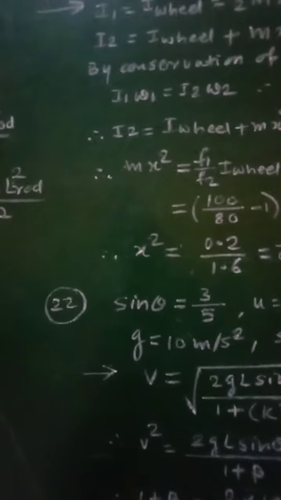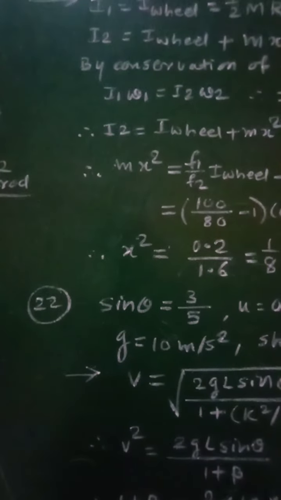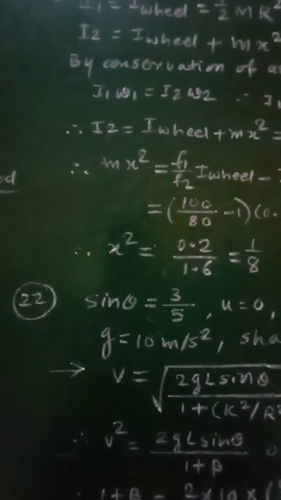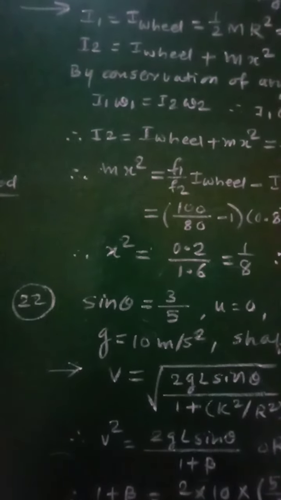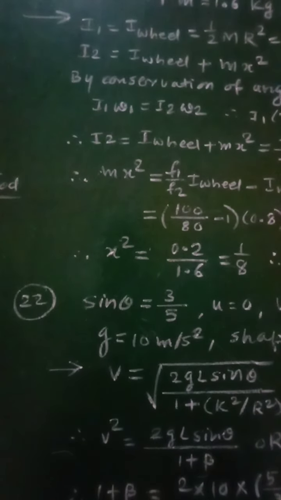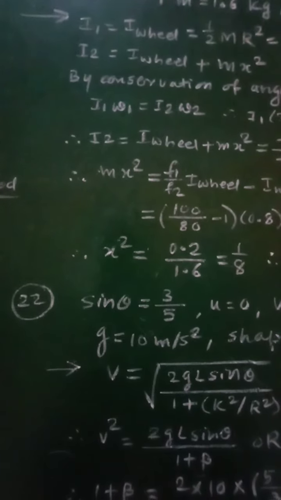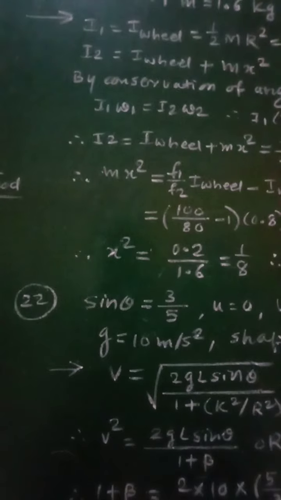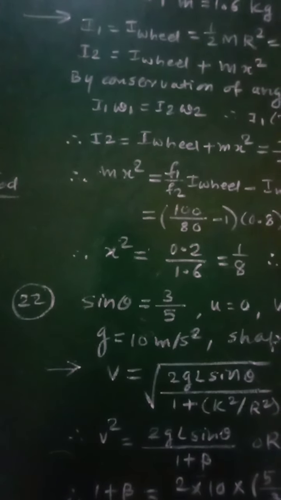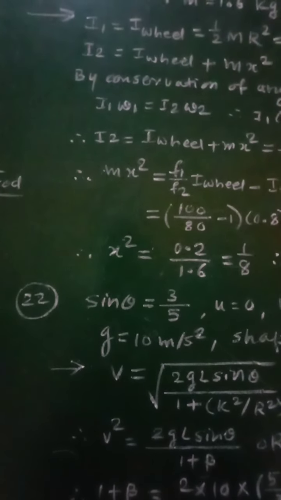Then we will go for the next numerical, that is numerical number 22, which is stated as: starting from rest, an object rolls down along an inclined plane that rises by 3 meter for every 5 meter along it.